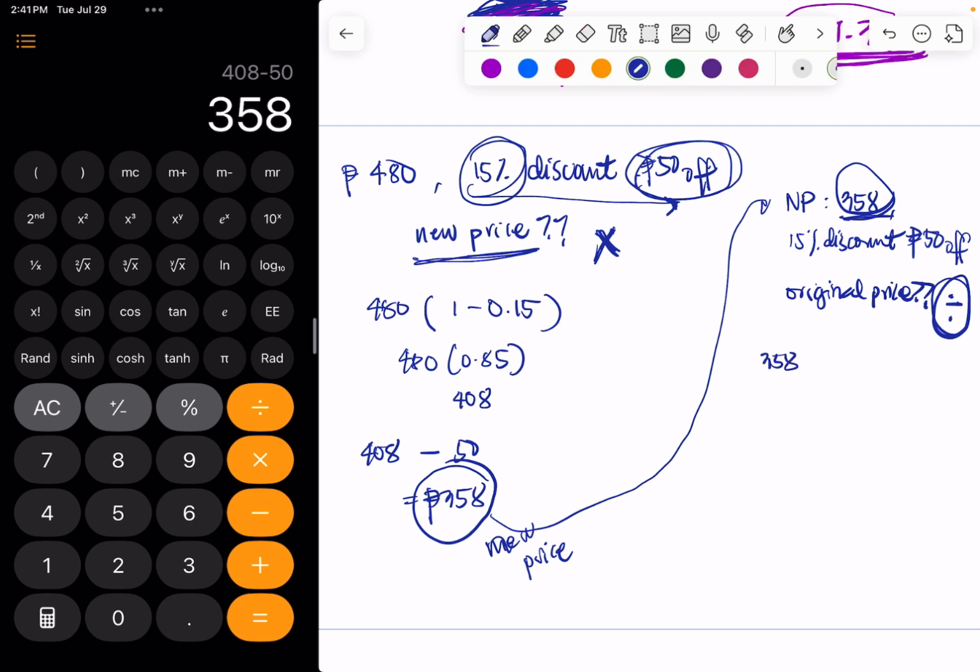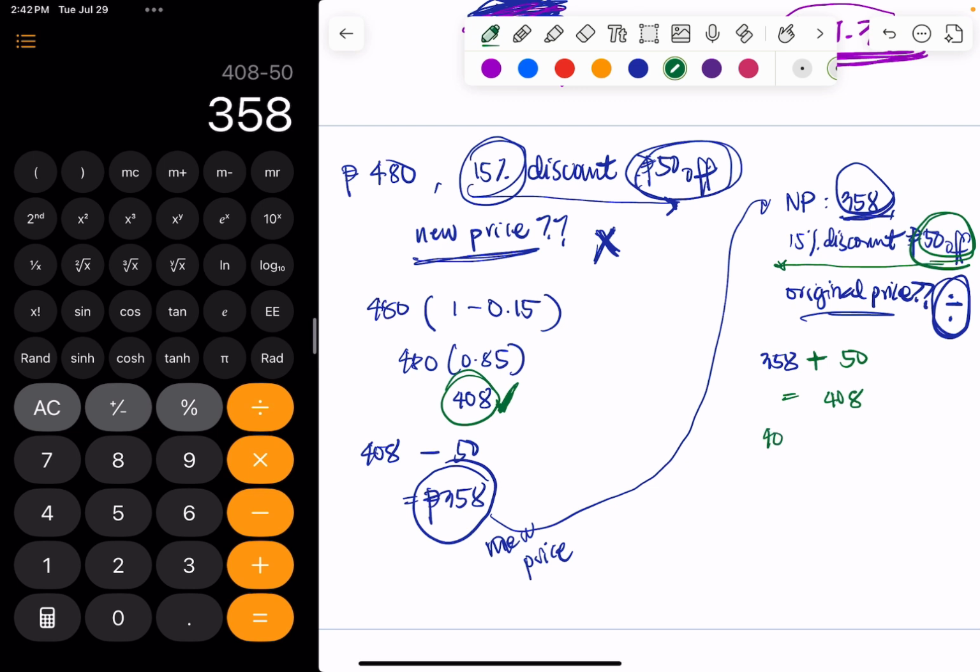And then as I've said, if pabalik na siya sa original price, you start from pinaka-last going to pinaka-una. Unsa may pinaka-last? 50 pesos off. So 358, what is the opposite of off? Plus. Okay, dugangan. So that is plus 50, you will have 408. So this is correct na, right path na ta.